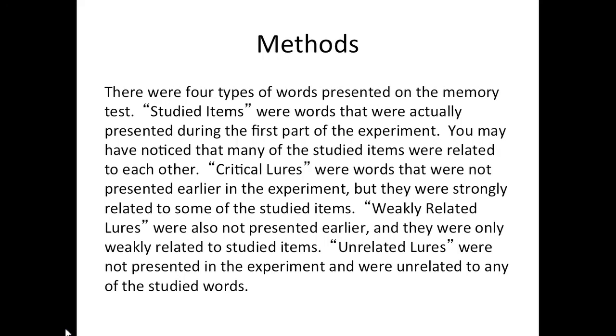Many of the study items are related to each other. The critical lures are words that were not presented in the experiment, but they're related to the items that you saw. So that is where false memory comes in. The weakly related lures are also not presented, but they're only sort of related to the items you saw. And the unrelated lures were things you never saw and shouldn't have said yes to because they're unrelated to anything in the study.